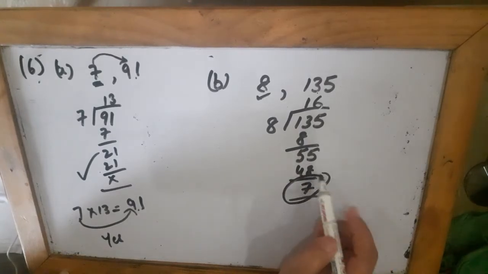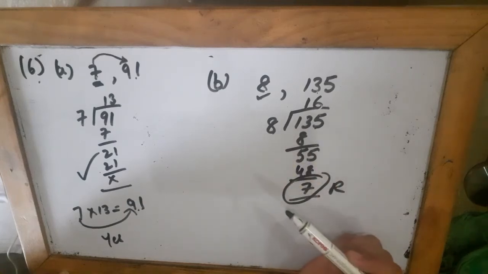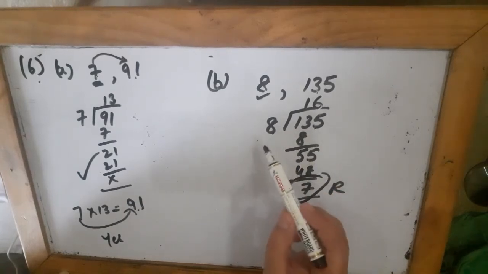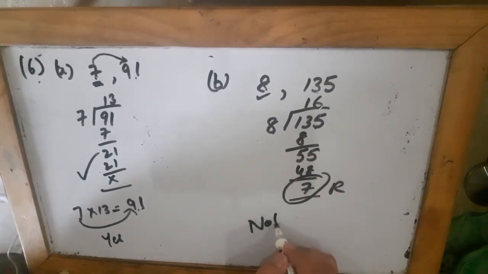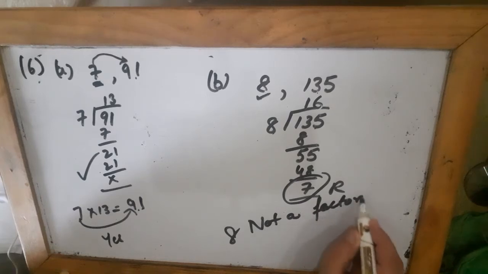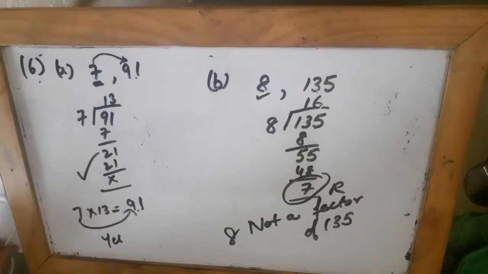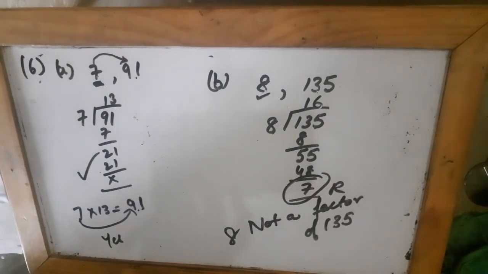So I get the remainder 7. It means this 135 is not exactly divisible by 8. So 8 is not a factor of 135. You can divide and see whether the given number is a factor of the other number or not.